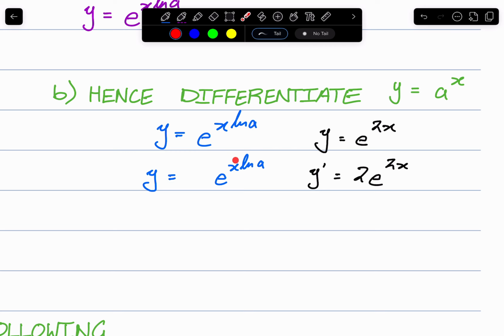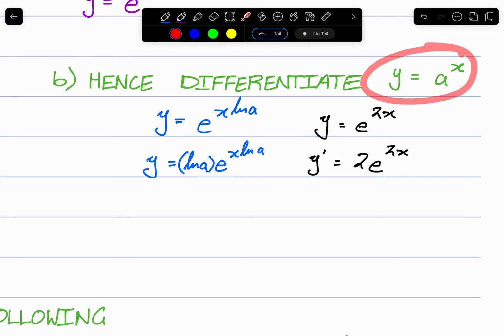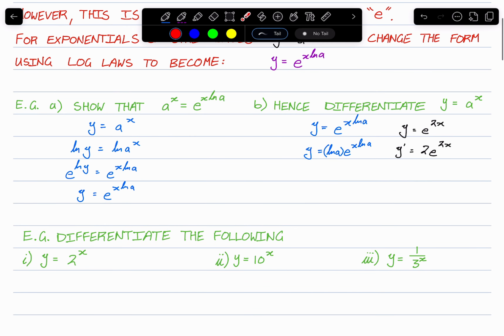So in this case, this is 2 times x times ln a. So the derivative of x ln a is ln a. I'm going to put that in a bracket just so that we know to multiply these two. And that is actually the derivative of y equals a to the x. It is ln a times e to the x ln a.